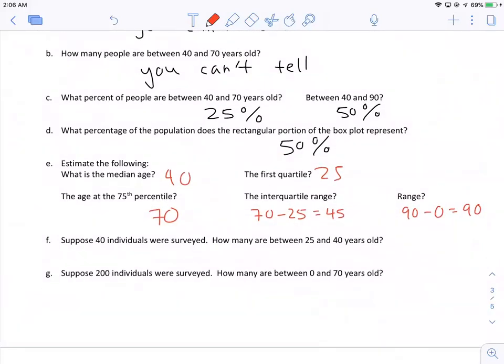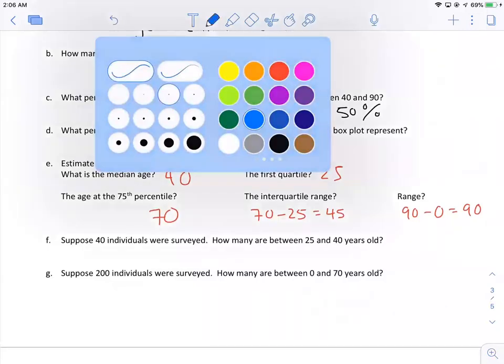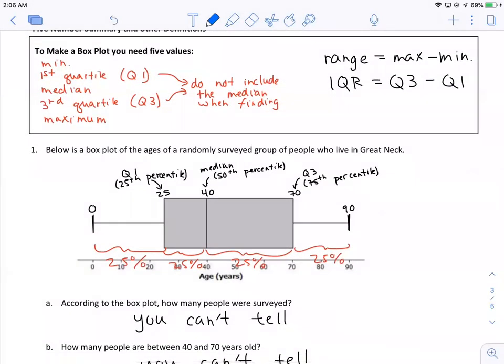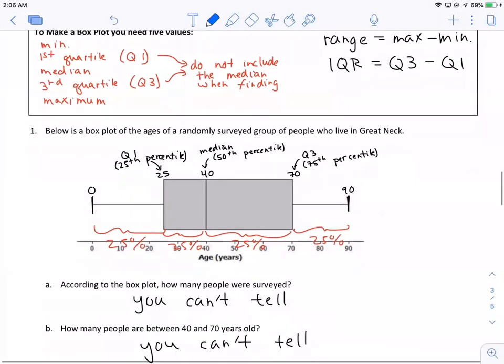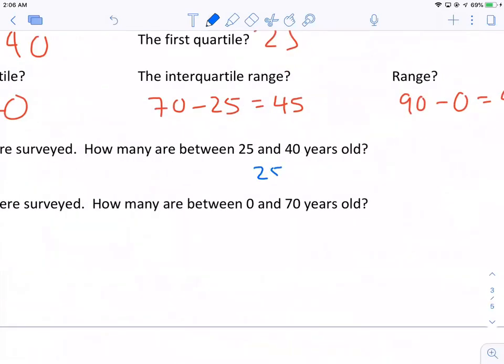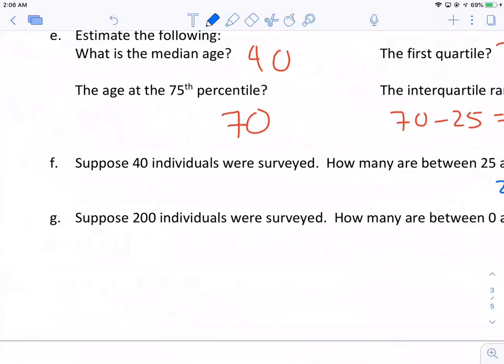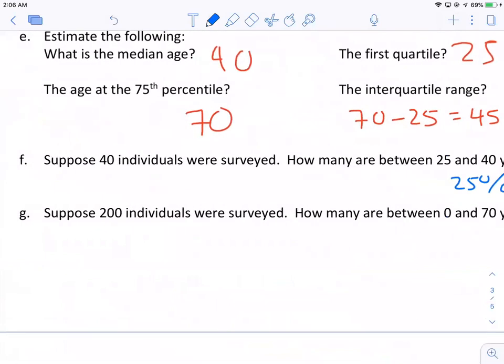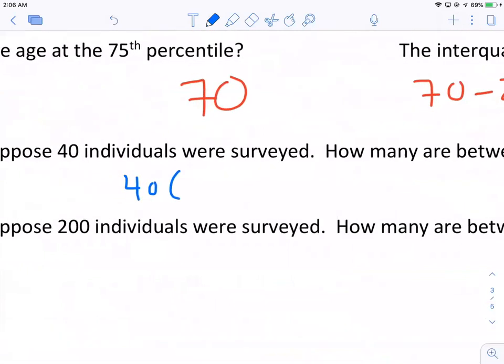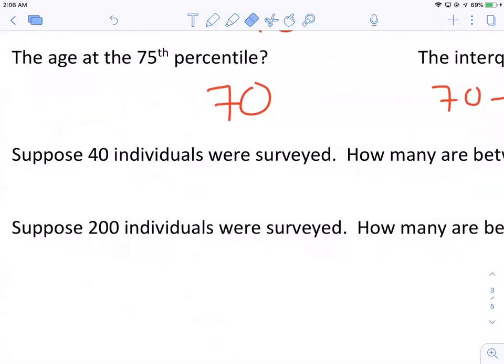So, letter F, suppose 40 individuals were surveyed. How many are between 25 and 40 years old? Well, like we said before, we knew 25% are in between 25 and 40 years old. So if now we know the total number, I can actually tell you how many people are in between 25 and 40, because all I have to do is take 25% of 40.